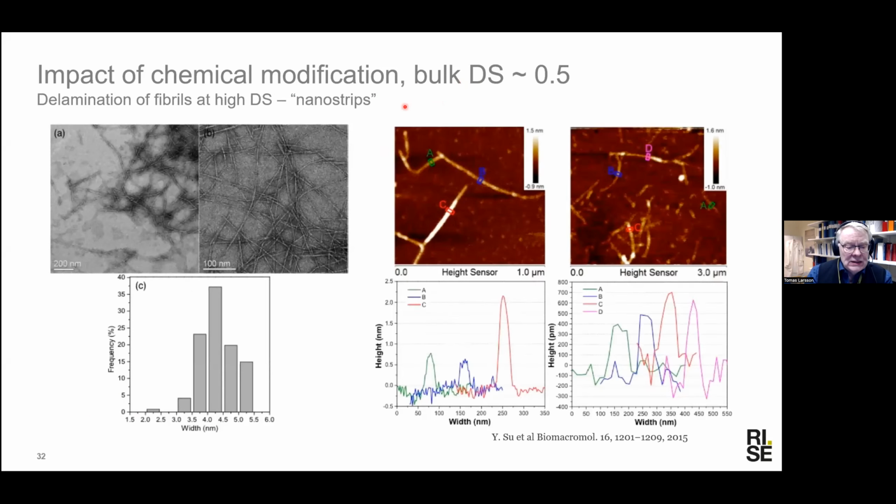And you can see that they managed to take a fibril apart in this particular piece of work into strips that are of a typical width as determined by AFM, I think. No, it's SEM, sorry. The width is a bit more than 4 nanometers.